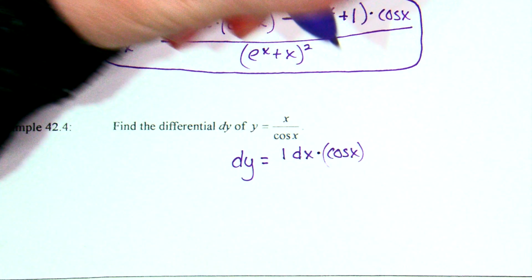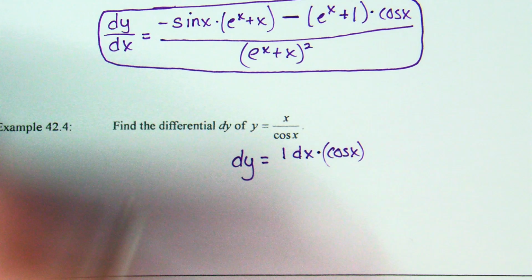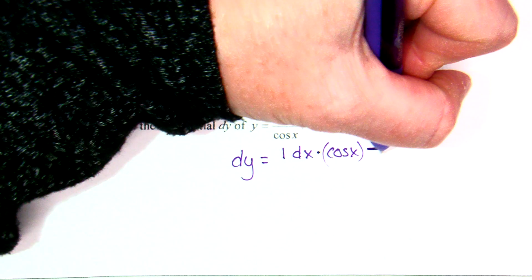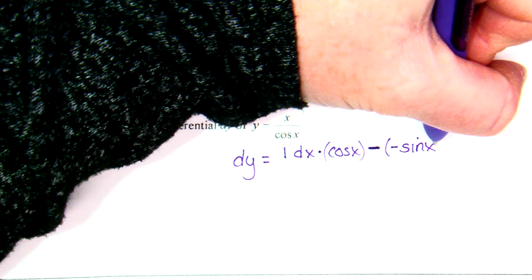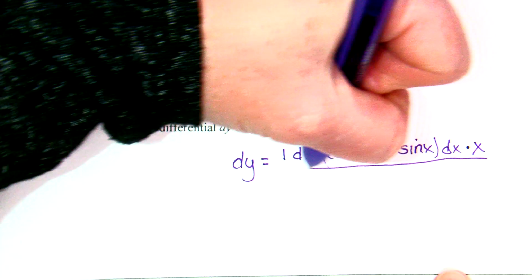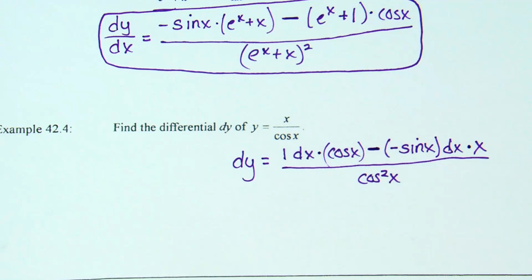So derivative of the top times the denominator, and then what? Yeah, minus the derivative of the bottom. What's the derivative of cosine x? Negative sine x dx, good, times the numerator, which is x, all over cosine x quantity squared, or cosine squared x.